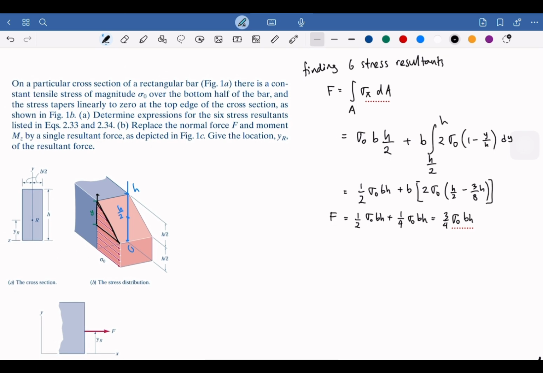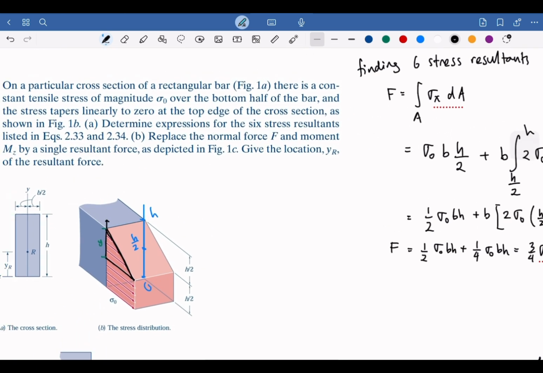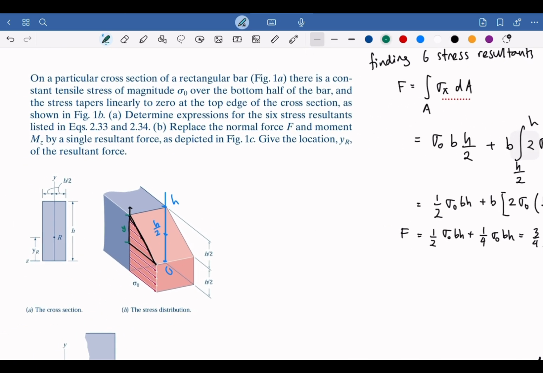And there is nothing in the information about the tau. So tau xy equals tau xz equals 0. So Vy, Vz are 0, so we don't need that V. And since tau is 0, the T also will be 0.